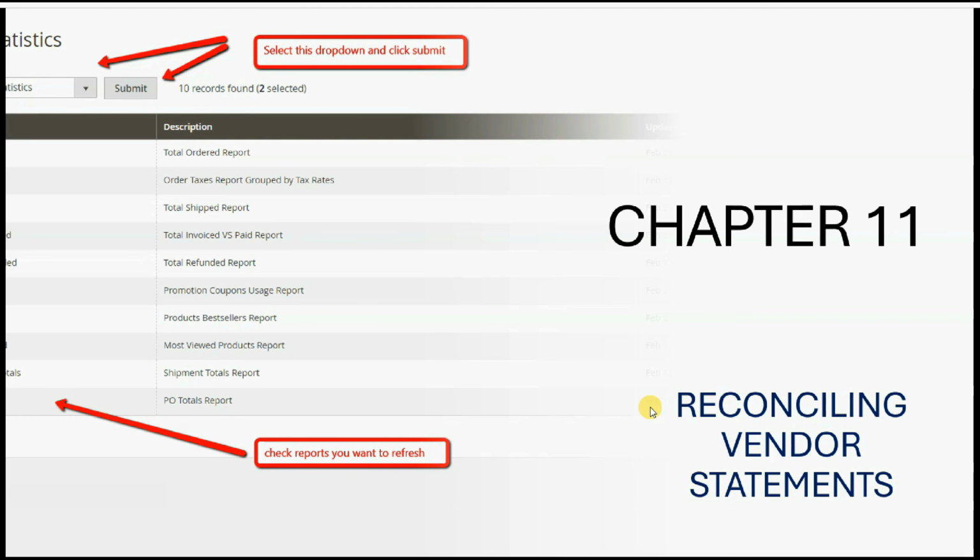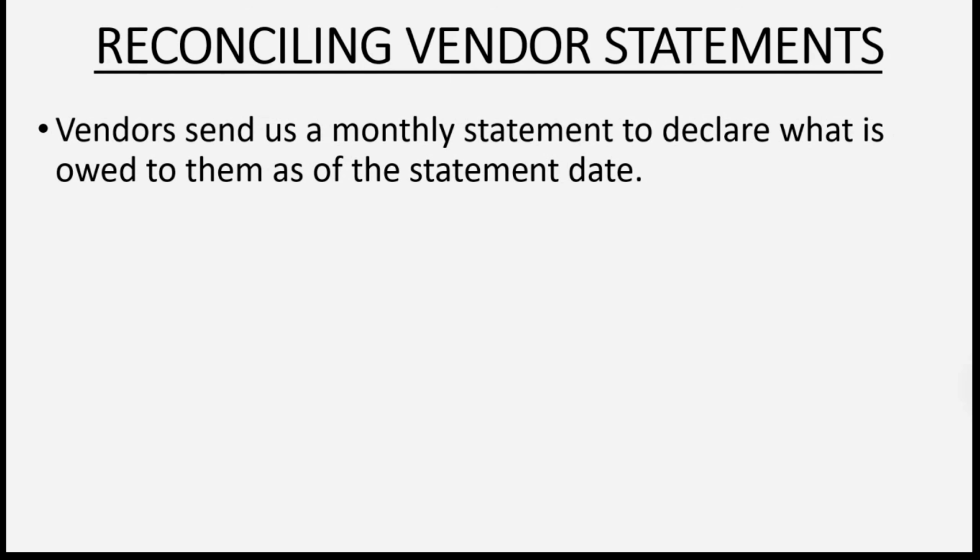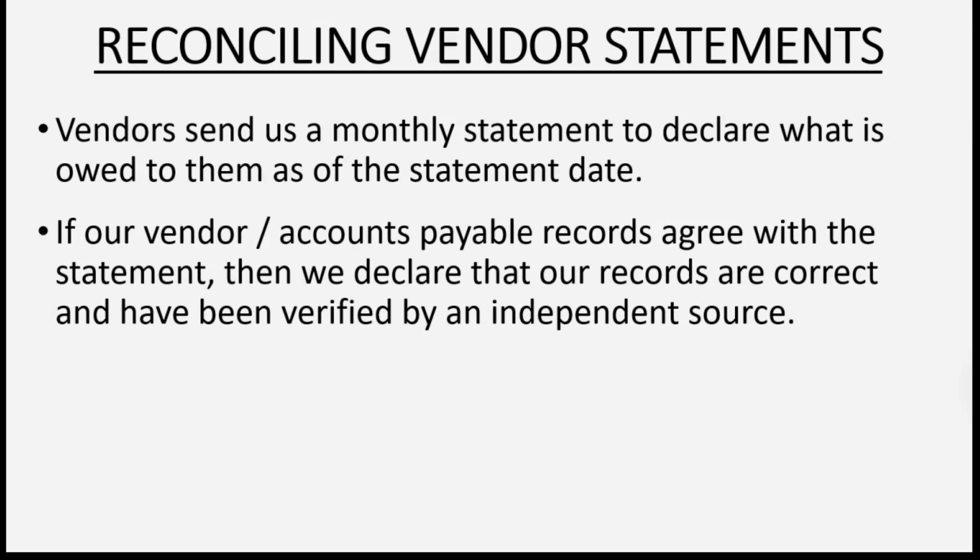Chapter 11. Reconciling Vendor Statements. Vendors send us a monthly statement to declare what is owed to them as of the statement date. If our vendor and accounts payable records agree with the statement, then we declare that our records are correct and have been verified by an independent source.